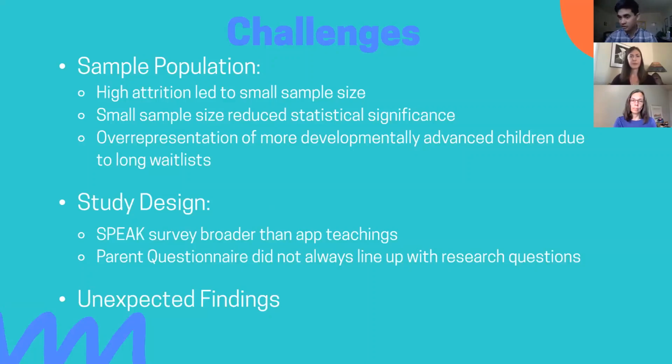And with this number of families, it's simply difficult to find a statistically significant result. Even when some of the findings were in the right direction, they didn't necessarily show that they were certainly due to the SpeakEasy app rather than chance. And that's something that we would have loved to have a larger sample size for.